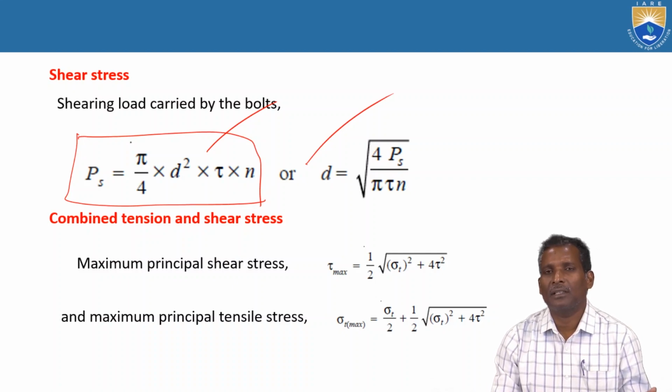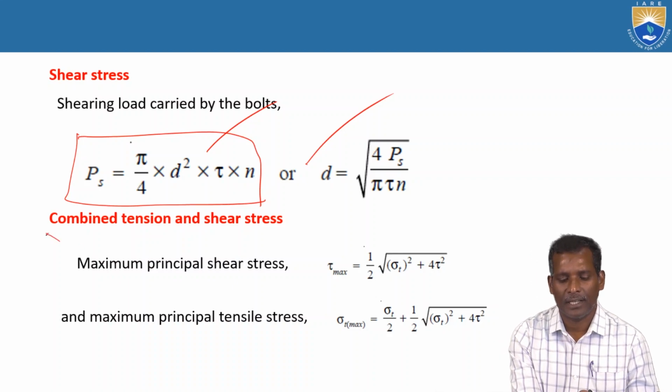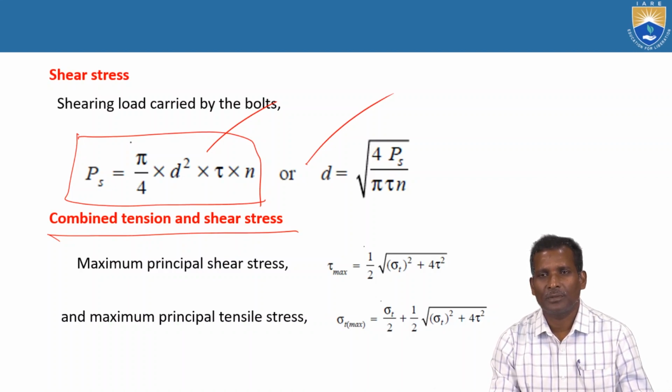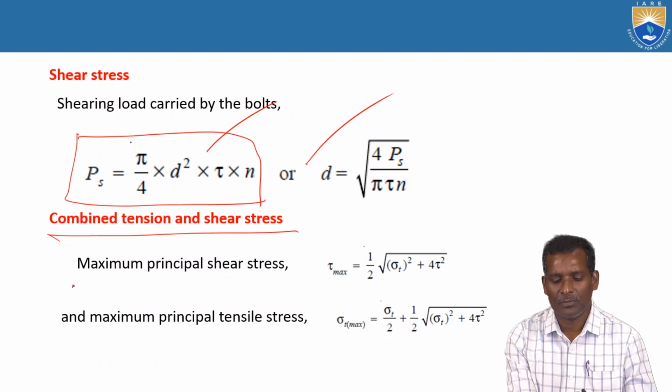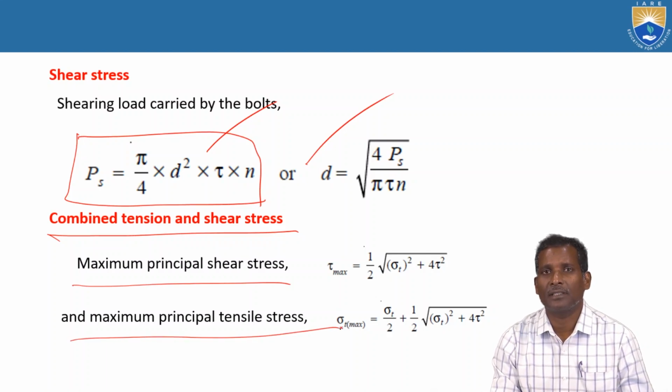Whenever it is subjected to a combination of these two, tension and shear, that is combined stresses, you have to use the maximum principal shear stress and the maximum principal tensile stress theories.